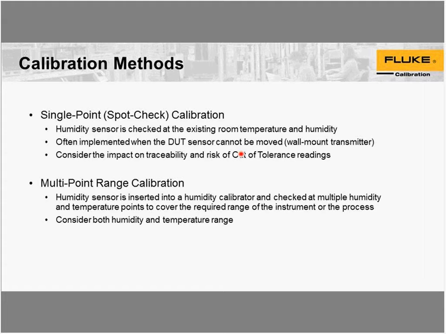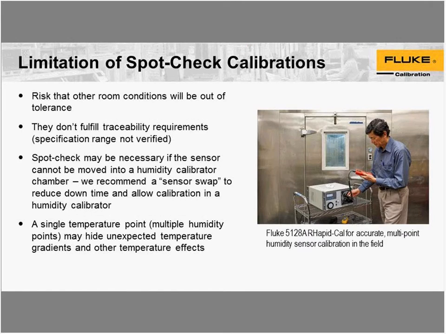So the limitation of spot check calibrations is that you are at risk that other levels of humidity are out of tolerance, and you won't know for sure. This calibration method doesn't fulfill traceability requirements, where for a specified range of humidities, traceability requires that you corner or bracket the range that you are applying in that process.